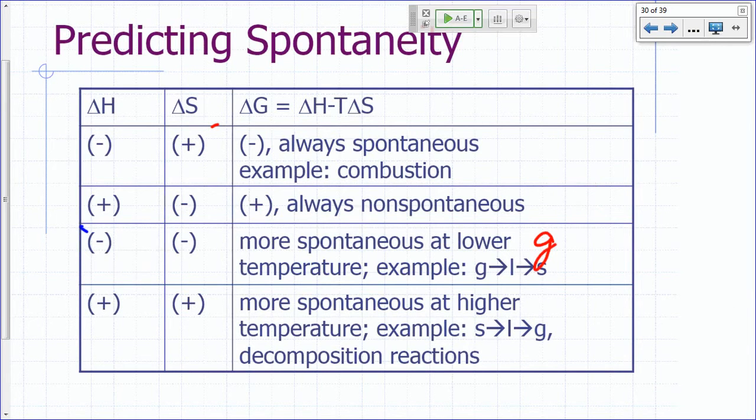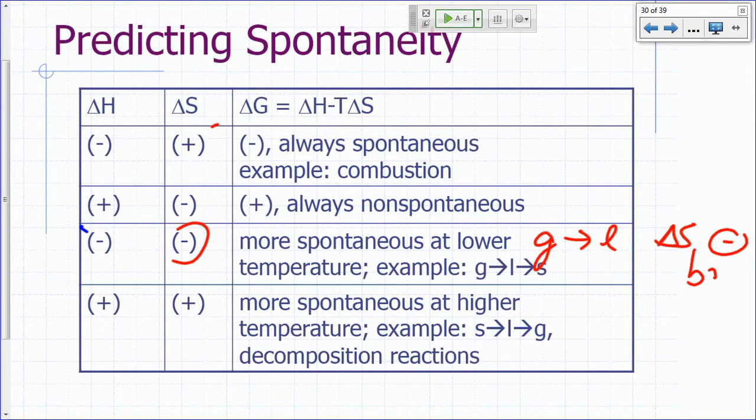Gas to liquid. What's the delta S for that? Positive or negative? Negative, right? That's negative entropy. Why? More freedom of movement in the gas, more restricted motion in the liquid. You say there's more order in the liquid, more disorder in the gas.